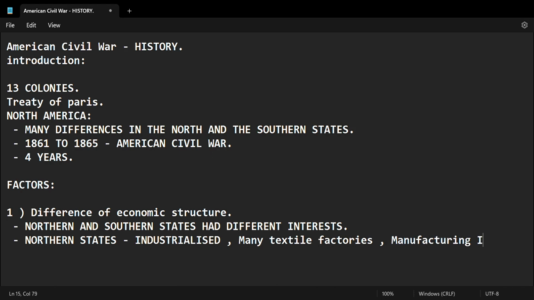So they had textile factories and also manufacturing industries.